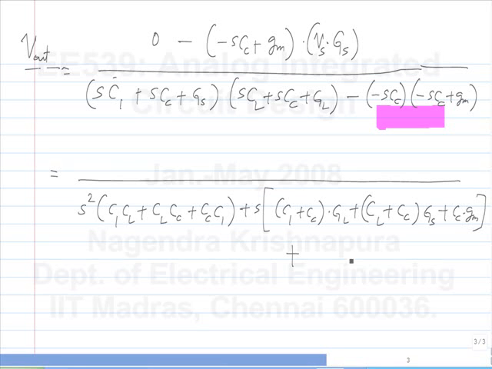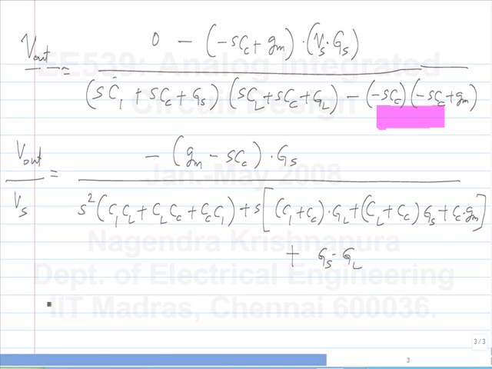Okay. So Vout by Vs will be minus... so is the DC gain correct? If you put s equal to 0, you get gm by GL, right?